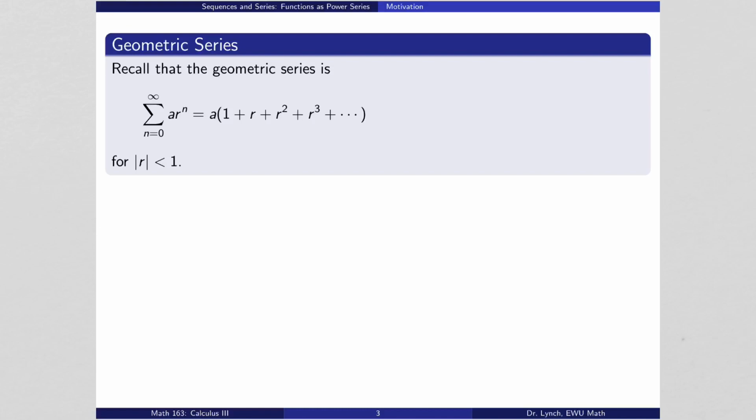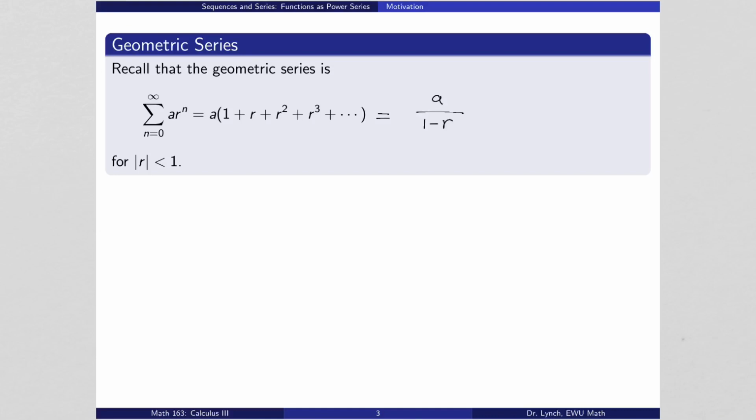So here's an example. Recall that the geometric series, the sum of a times r to the n as n goes from 0 to infinity, is a times the quantity 1 plus r plus r squared and so on, and it converges, it's equal to a over 1 minus r, when the absolute value of r is strictly less than 1.